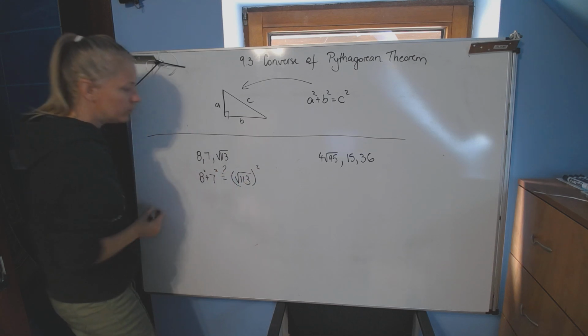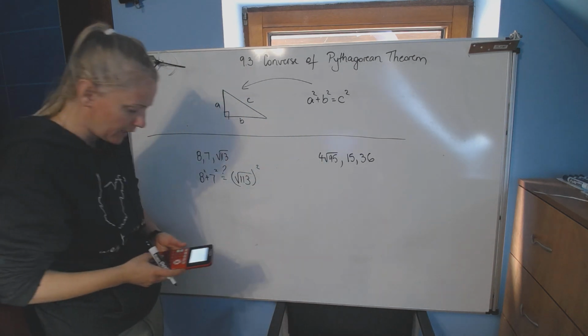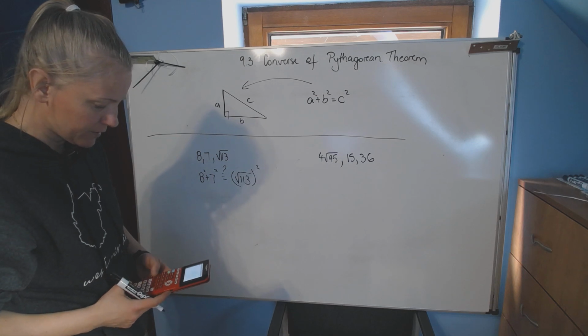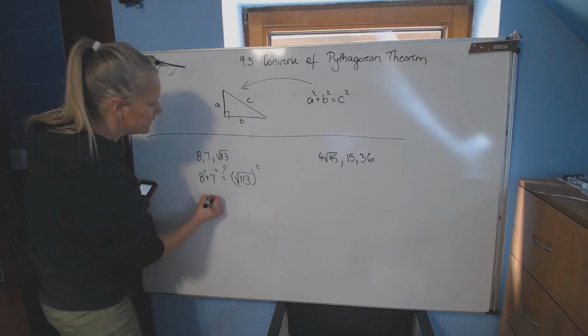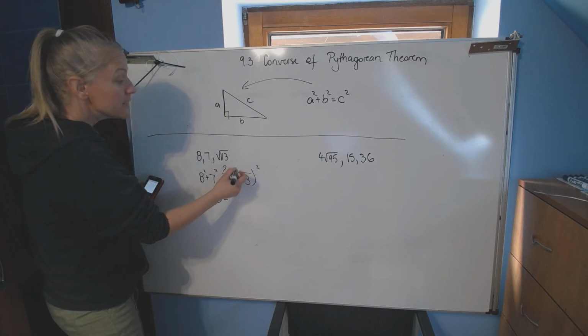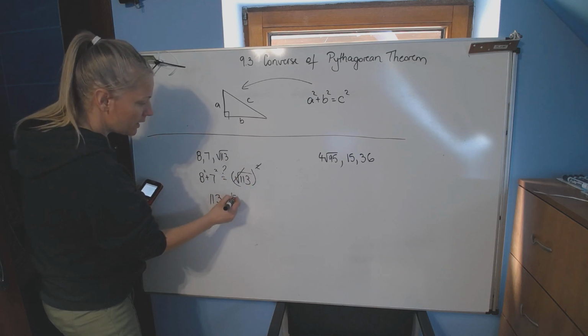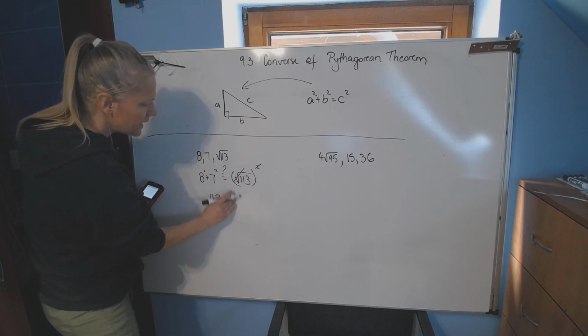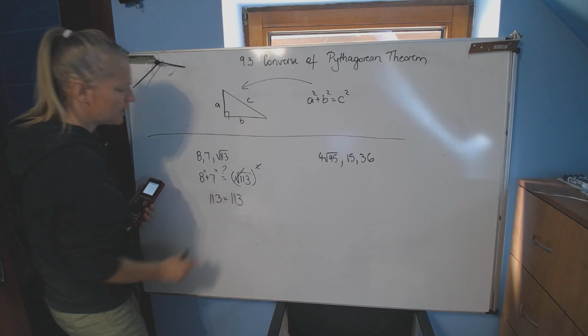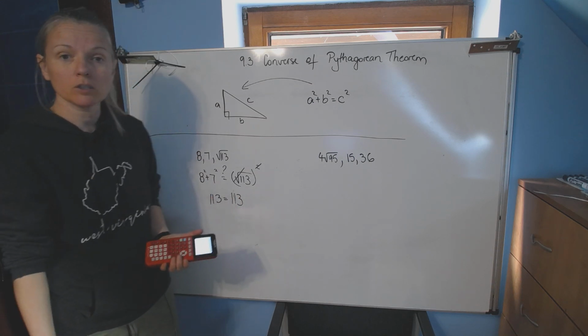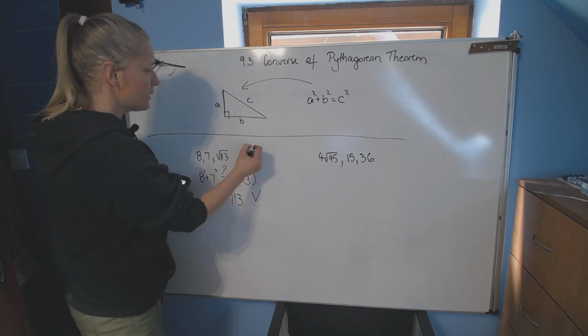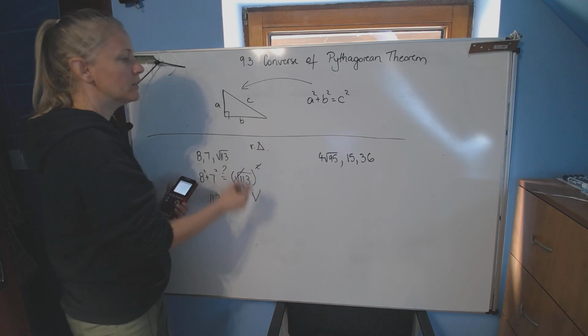Does it equal or not? We don't know that, but I do have a calculator and I can go 8 squared plus 7 squared gives me 113. Square root of 113 squared, this cancels that. It's 113. And if you get confused about that, just put it in your calculator. 113 equals 113. Yes, this is a right triangle.